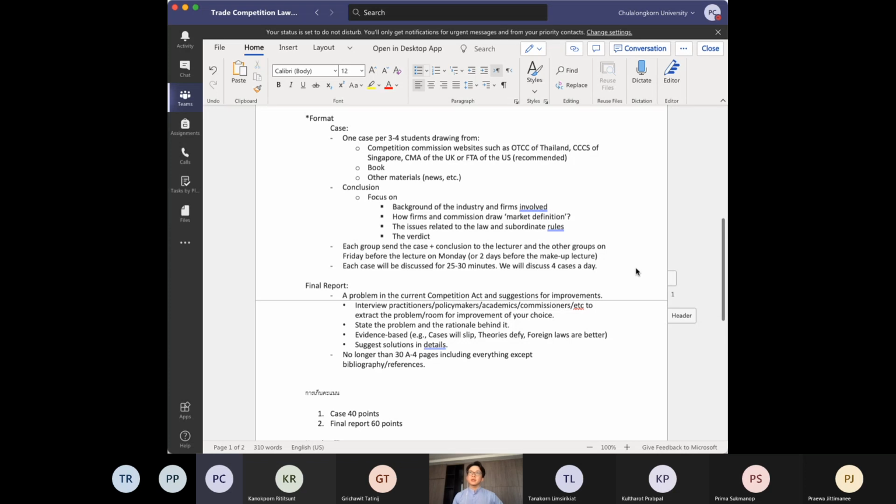You can do it in Word, in which you would have these 4 topics, and you just type the details afterwards, or you can do it in PowerPoint as well. So when you discuss it, you can share your slide and let your friends and me have a look at it as well. So yeah, I don't mind the format.